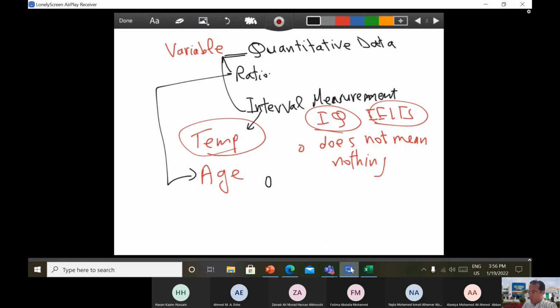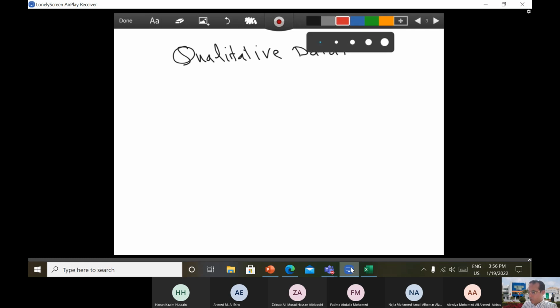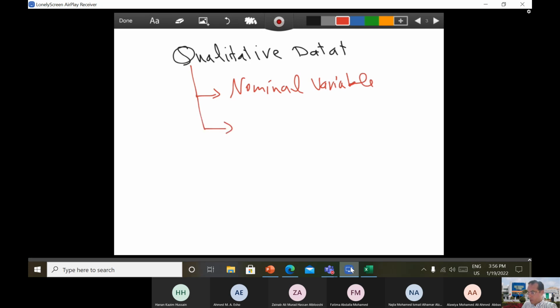So this is the type when you're having quantitative data, you have two types of variables, ratio and interval. When you have qualitative data, as we said, you may have nominal variable or ordinal variable.